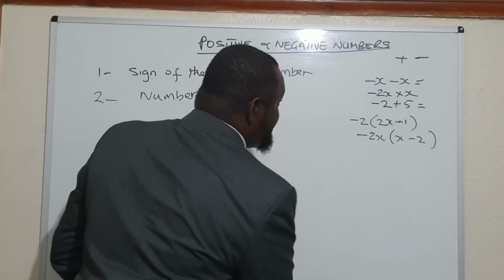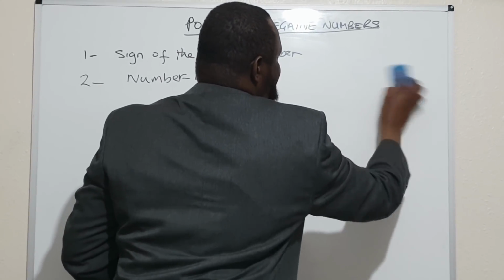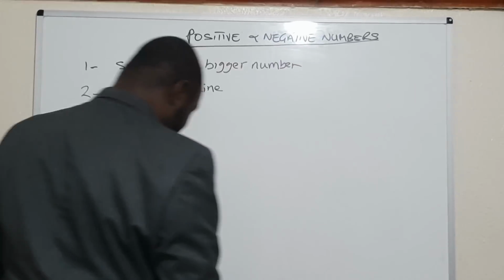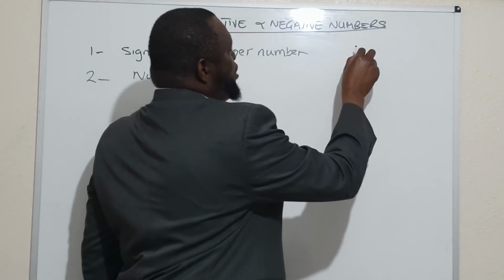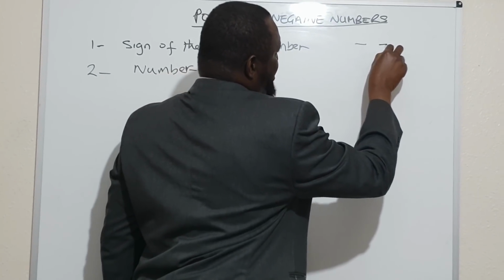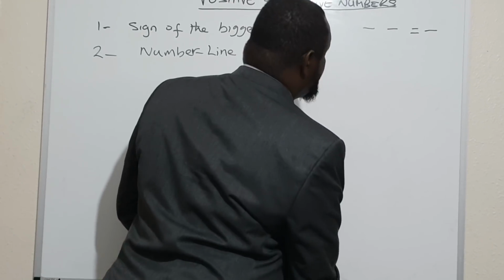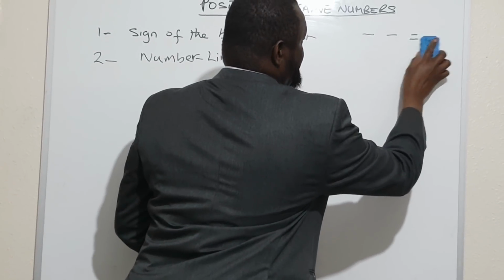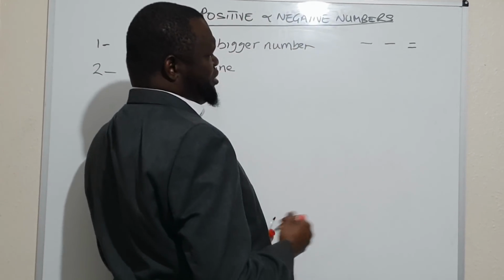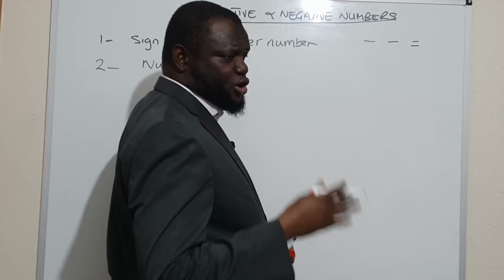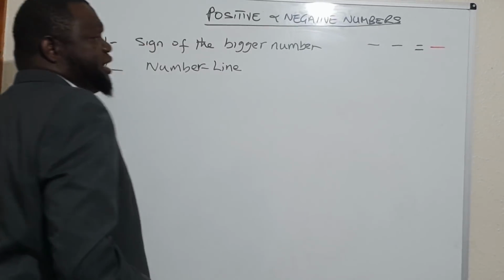Now, before I proceed, I want to give you some basic principles. In most cases, when you have minus and minus, your answer will be equal to minus. You have to write this down, okay? When you have minus and minus, in terms of addition or subtraction, your answer will always be a minus. Okay?